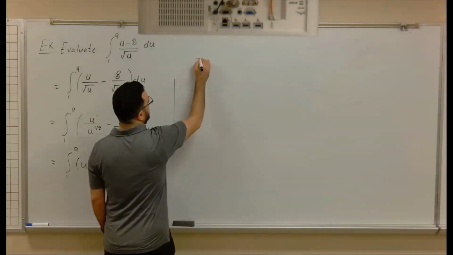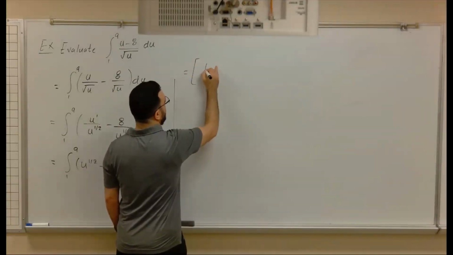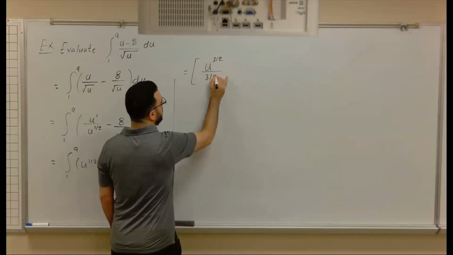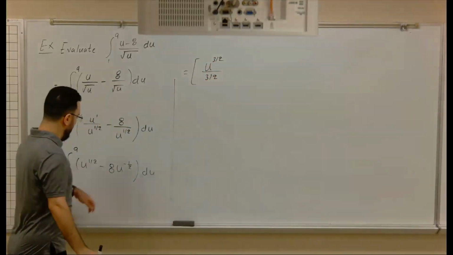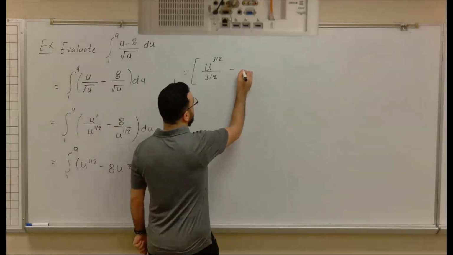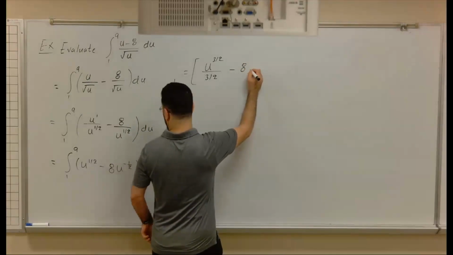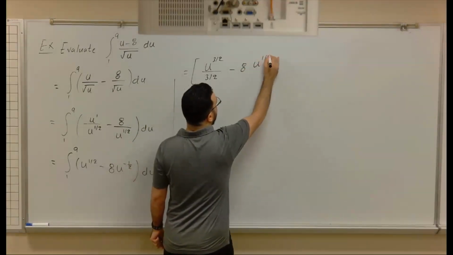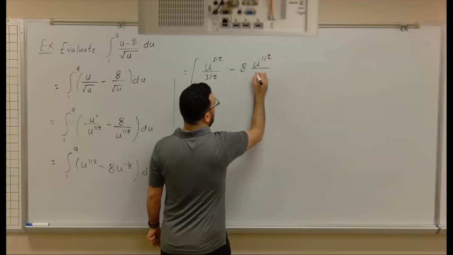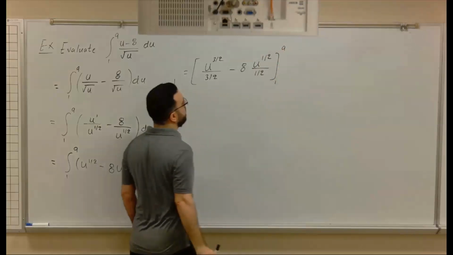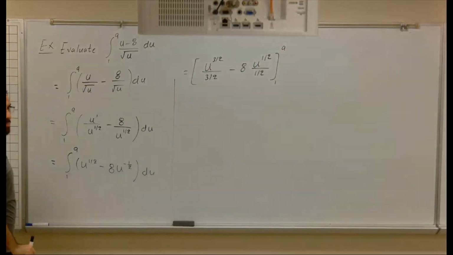That means it's going to be u to the 3/2 divided by 3/2, minus, keep the 8. The integral for negative half, you're going to add 1, so it's going to be u to the half over 1/2, and the boundary from 1 to 9. That's it, we're done with the integral.